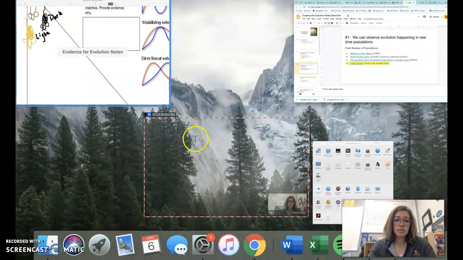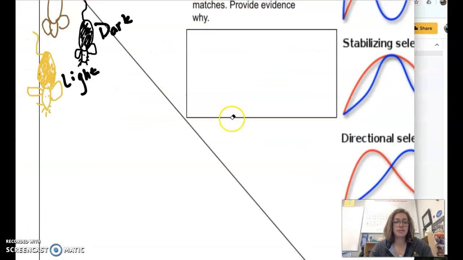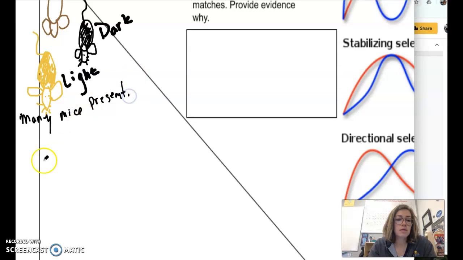So to look at rock pocket mice, I know I have drawn some really beautiful mice here. And what really happened with these rock pocket mice, especially if you go and look at those other links, is that there were a lot of mice present, and within those mice, there were variations.